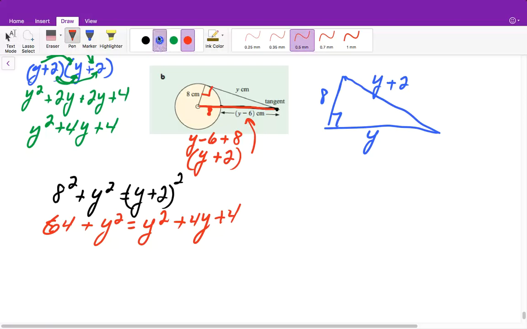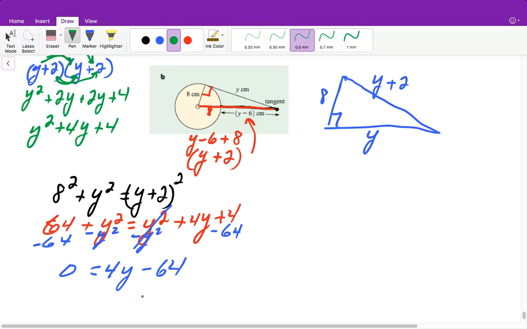Now, since we have a y squared, we need to set this equal to 0. So I'm going to subtract this y squared, subtract this y squared. I'm going to move everything to the right-hand side, so it would be minus 64 and minus 64. So I get 0 is equal to, these cancel, 4y minus 64.